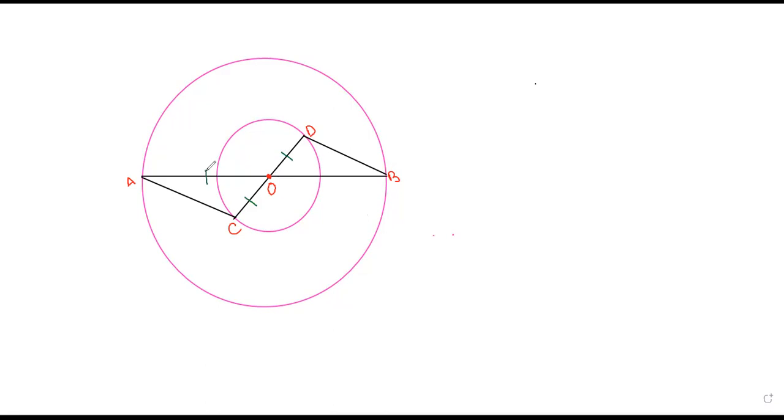Then this is the radius of the bigger circle because this is the center and this is the circumference, and then this is the radius of again the bigger circle, so they're also same. So far we have two sides that are same. OD is equal to OC and AO is equal to OB or BO, whatever you want to call it, right? These two sides are same.